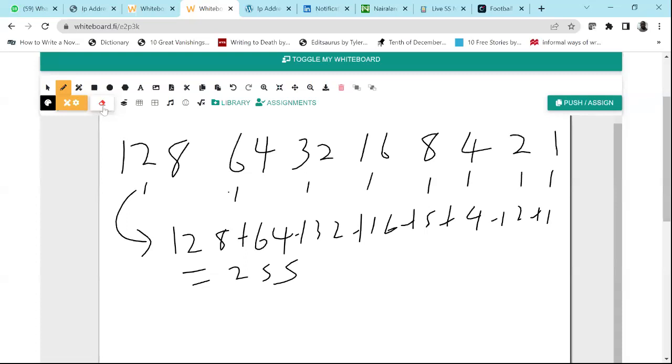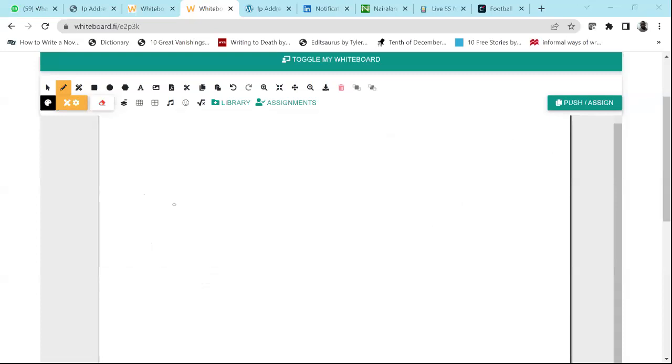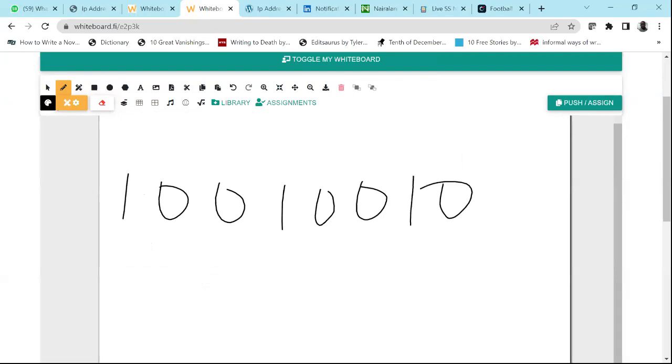Let me walk through some examples. Let's say I have 1 0 0 1 0 0 1 0, binary to convert to decimal. All I need to do is put this alongside my 128, 64, 32, 16, 8, 4, 2, 1. I'm only going to add the ones, because the zeros cancel out.